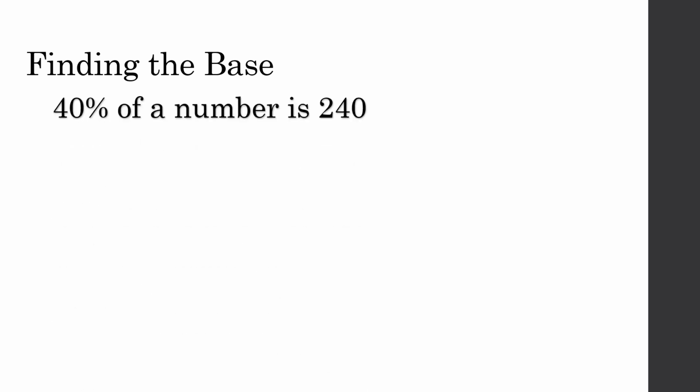Let us have the third example, finding the base. The problem is 40% of a number is 240. The first step is to identify the elements present. So 40% here is the rate because of the percent symbol. 240 is the percentage. Bakit?